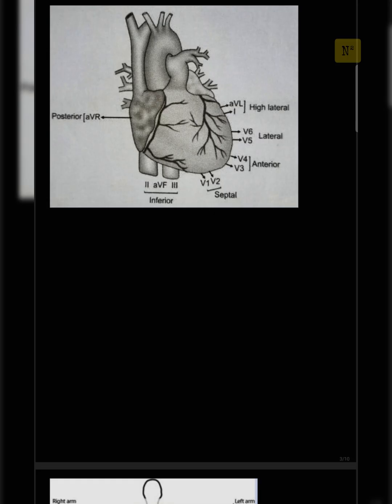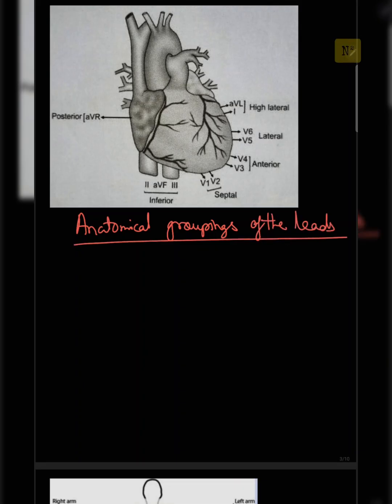Okay, another concept relating to the ECG is anatomical groupings of the leads. Now why do we need to know lead 1, lead 2, lead 3? Then we have augmented R, augmented L, augmented F, then we have the V1 to V6 leads.